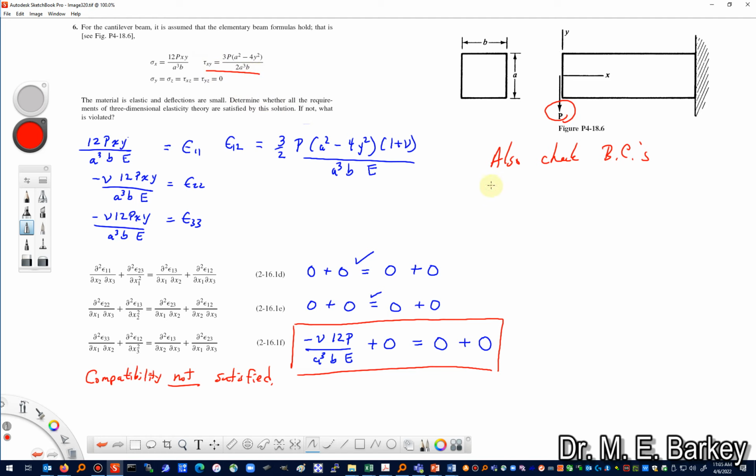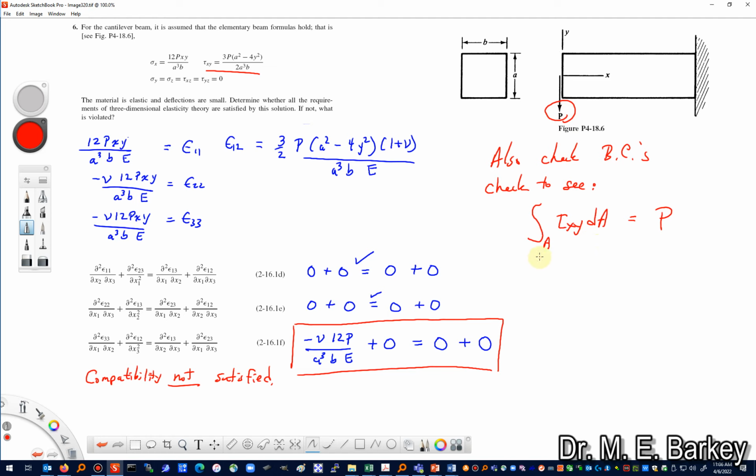So I'll let you do the work. If we were to take an area integral of tau xy dA, that should be equal to P. And there might be a minus sign thrown in here because this is down in the minus y direction. I'll let you work out that detail.